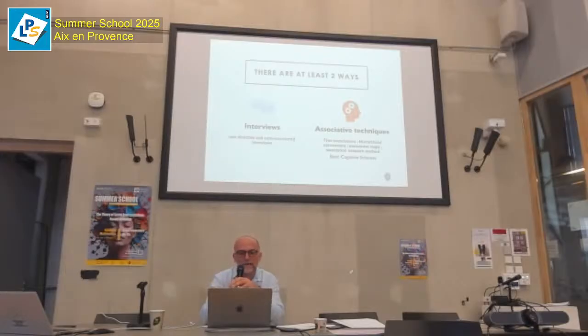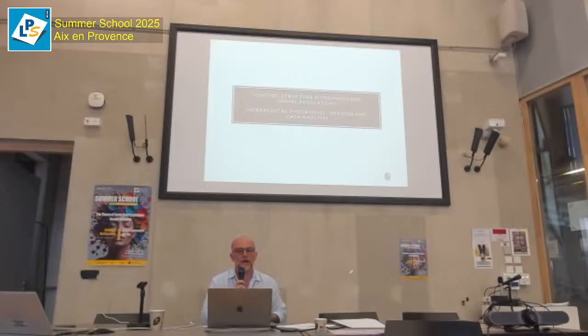Though, as we will see later, these remain hypotheses, and only hypotheses with this kind of methods, and nothing more. So, content, structure hypothesis, and social regulations, hierarchical evocations, method and data analysis.